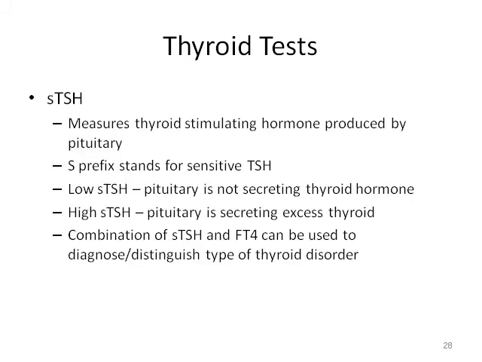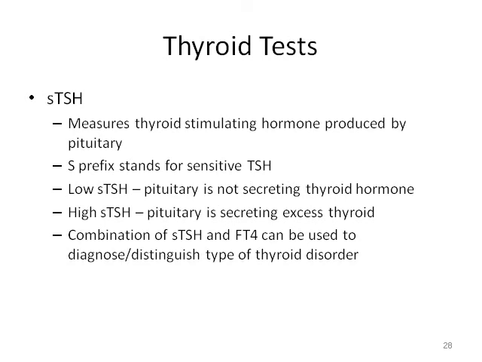And slide 45 is another measurement of thyroid, and this is called the thyroid stimulating hormone. Basically, the little s refers to sensitive TSH, and this is a way to determine whether it's the thyroid gland or some problem with the pituitary axis.